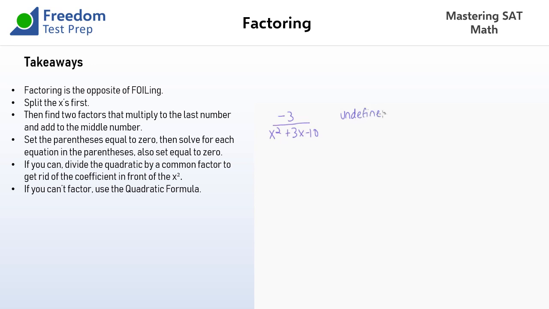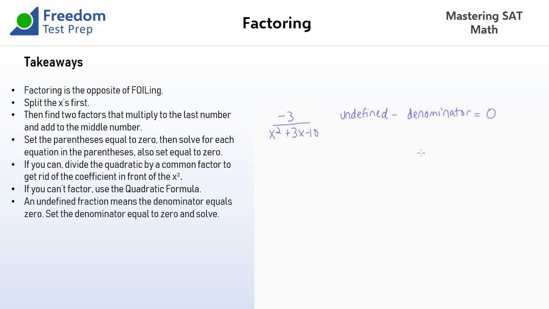undefined? This is a good thing to know because an undefined fraction means that the denominator equals 0. All right, so if they're saying for what value of x is this fraction undefined, what we do is we set the denominator equal to 0.